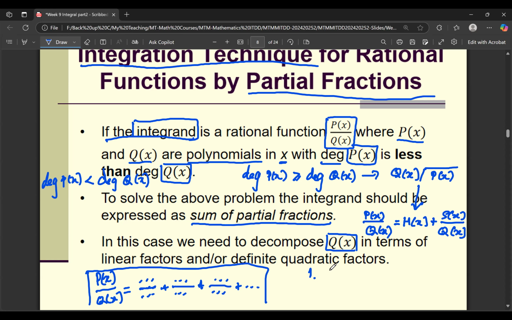First is linear factors, the common factor, and the second, maybe we have quadratic factors.